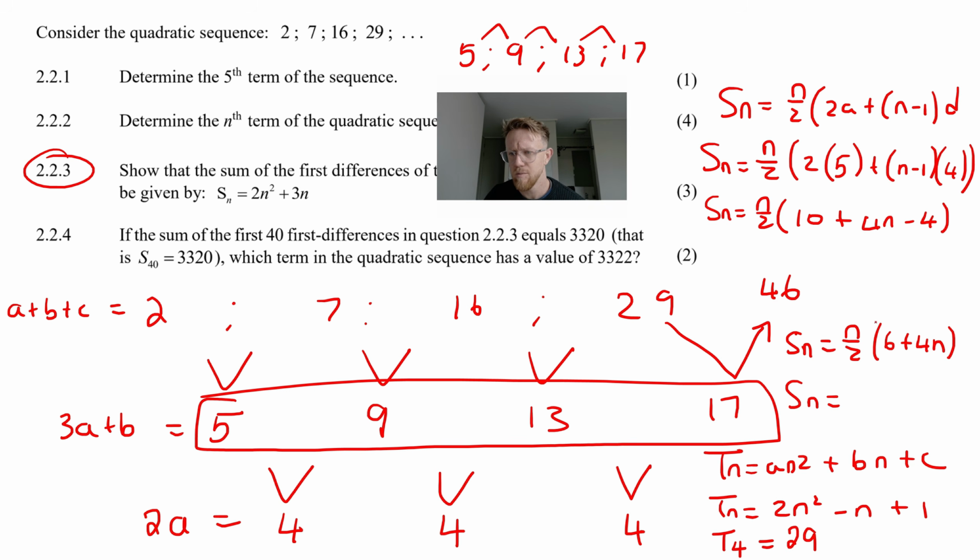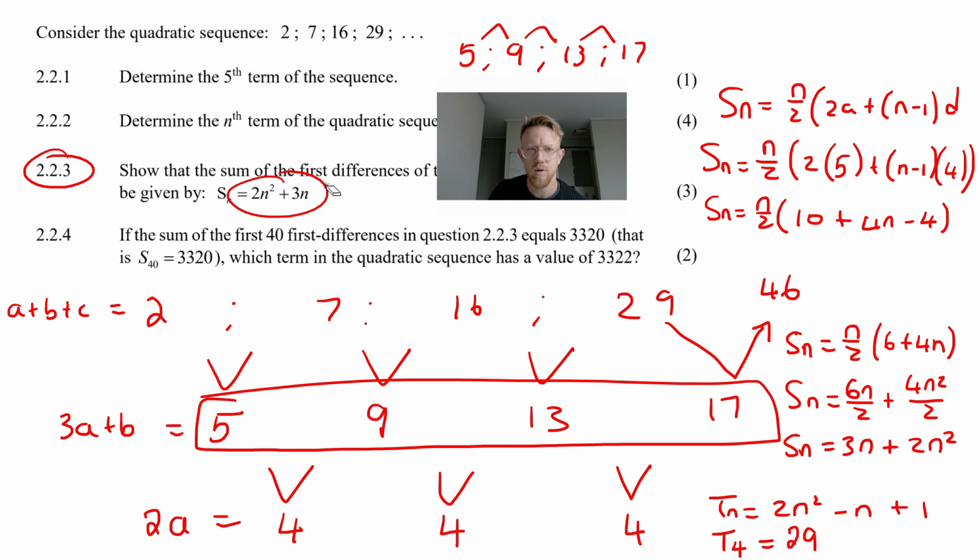If you multiply these two together, you end up with 6n over 2, and if you multiply these two together, you end up with 4n squared over 2. And then if you simplify, we know that 6 divided by 2 is 3, 4 divided by 2 is 2, and so we end up with what they wanted.